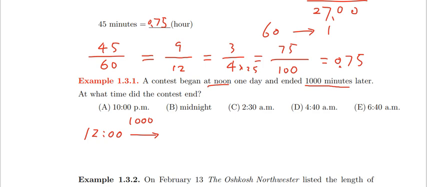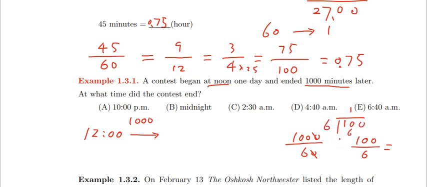So we just divide by 60. So take 1,000 divided by 6.